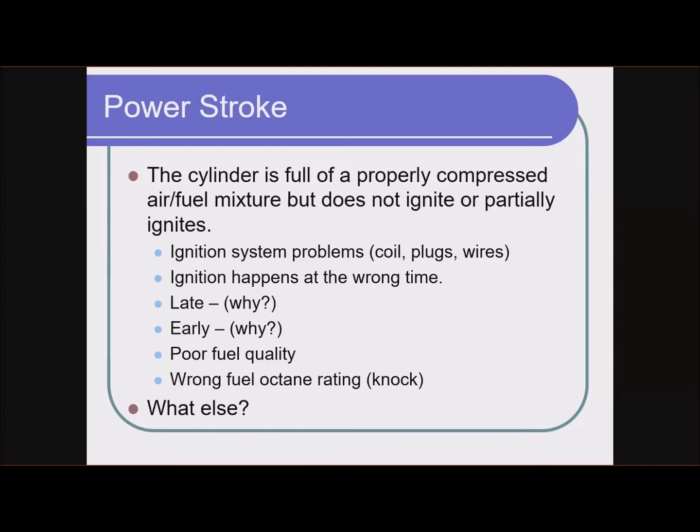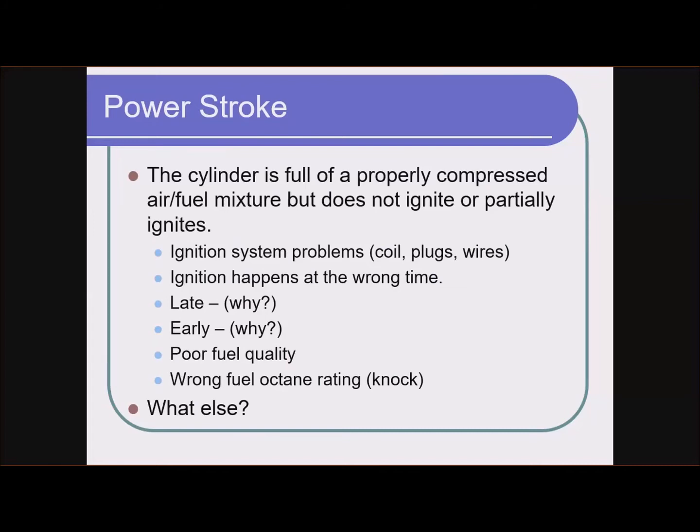So think about why the ignition could happen late. On older vehicles, it could actually be adjusted wrong. On a newer vehicle, something could be wrong with the spark advance system.